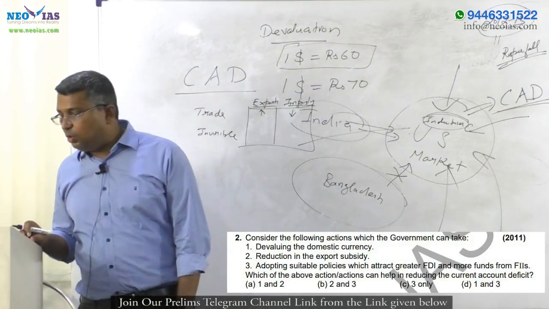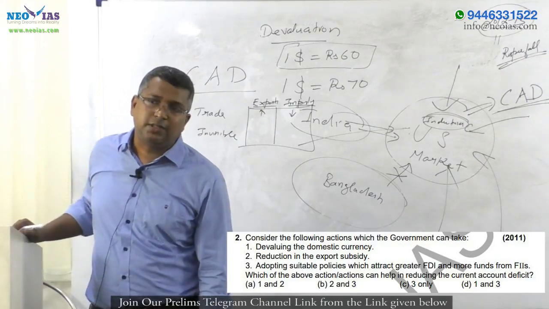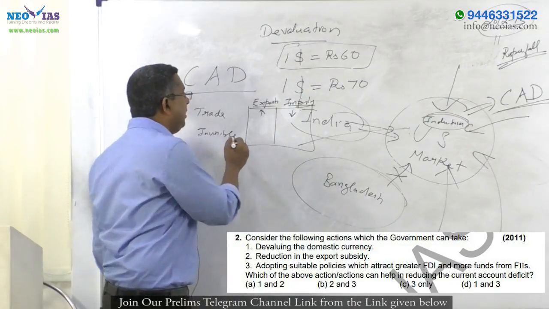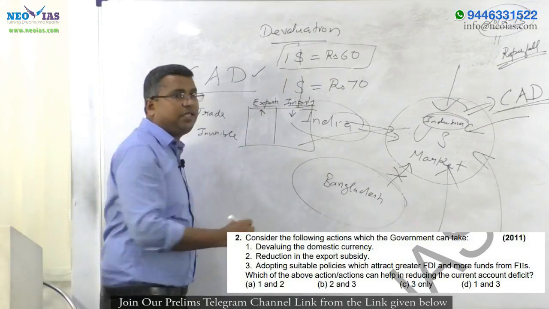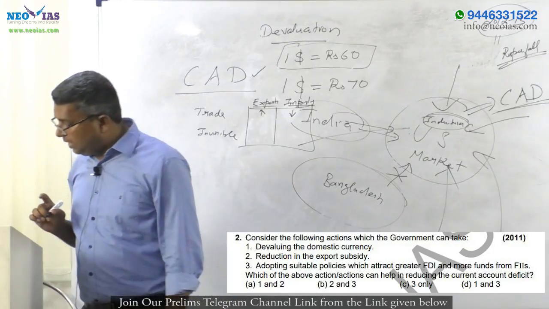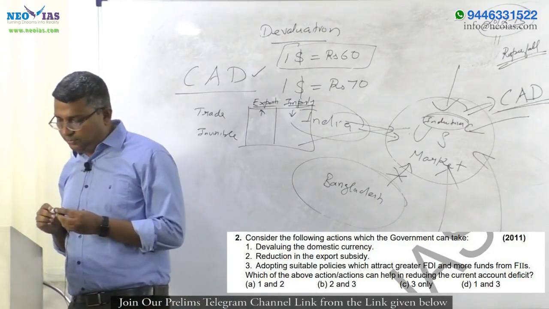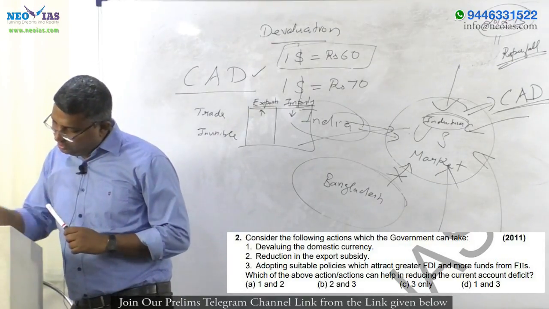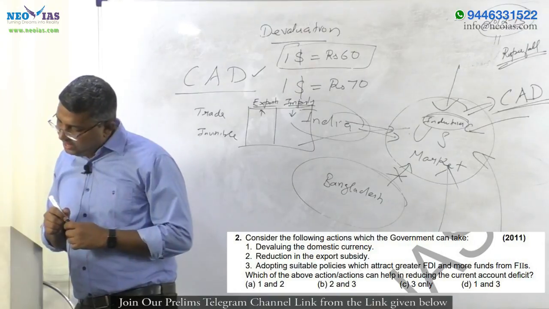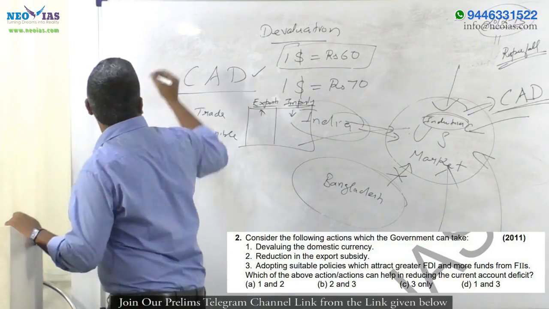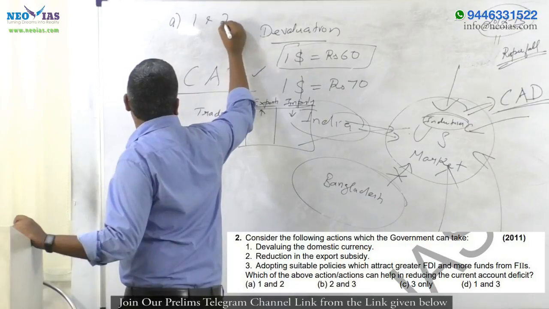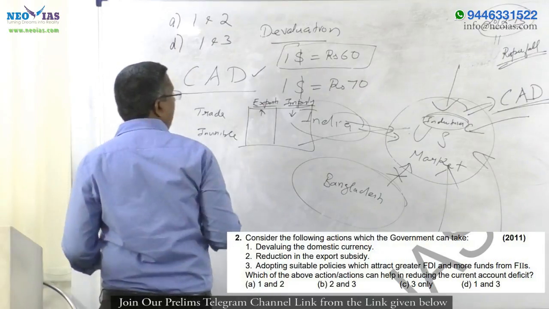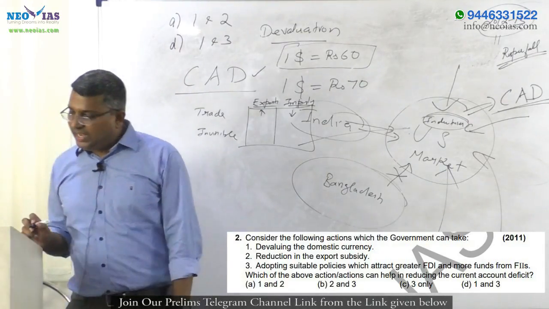If the government devalues the domestic currency, what will happen to the exports? Exports will increase. If exports increase, it will help in reducing the current account deficit. First statement is correct. So you can eliminate B and C. Now what is left? A or D. The answer has to be either A, 1 and 2, or D, 1 and 3. Now read the second statement: reduction in the export subsidy.